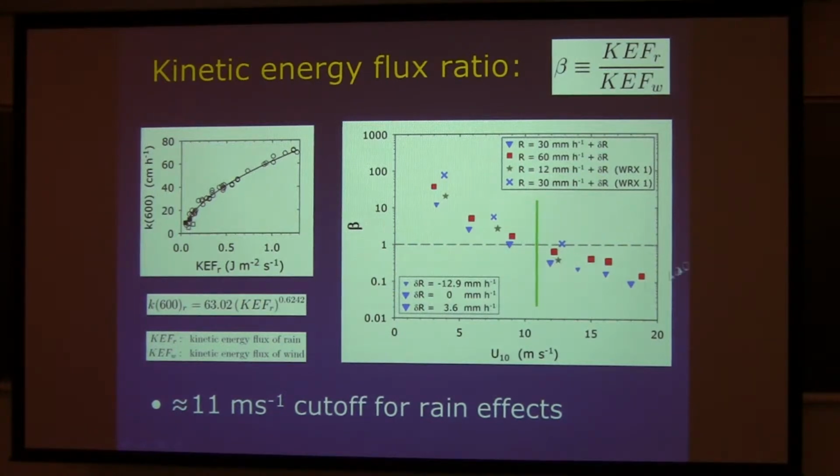When you plot beta as a function of wind speed, where our data from this experiment is shown in blue triangles and red squares, and a previous set of experiments is shown in the gray stars and blue crosses, you find that at low wind speeds, beta is greater than 1, and at high wind speeds, beta is less than 1. And that cutoff where beta crosses 1 happens to be at our 11 meters per second wind. So our kinetic energy flux ratio seems to be a good indicator of where our rain effects are.